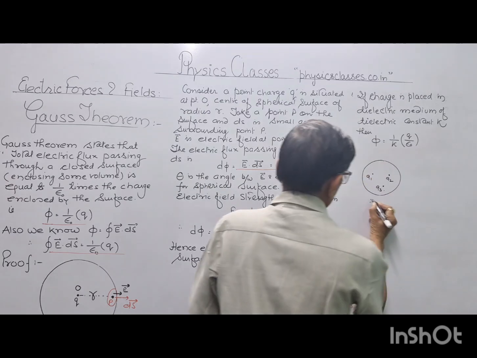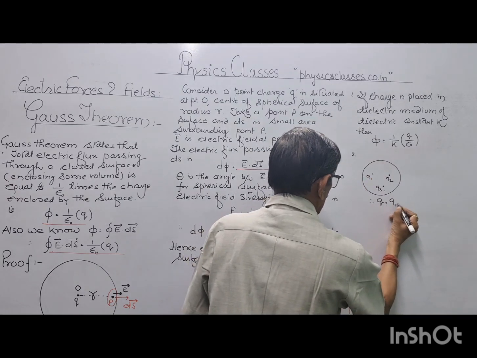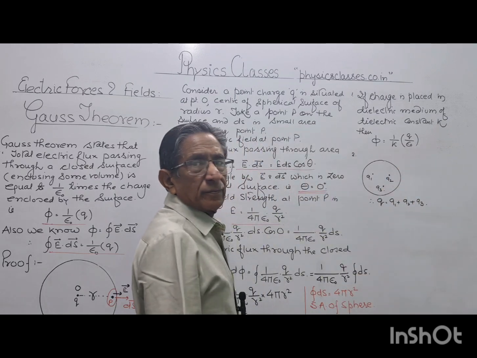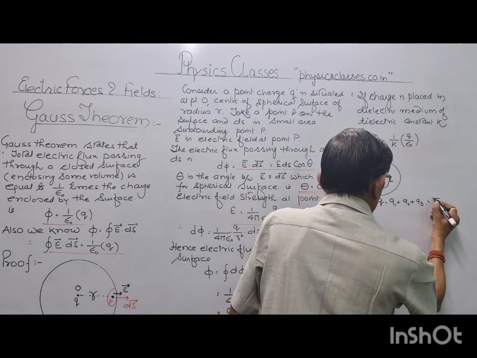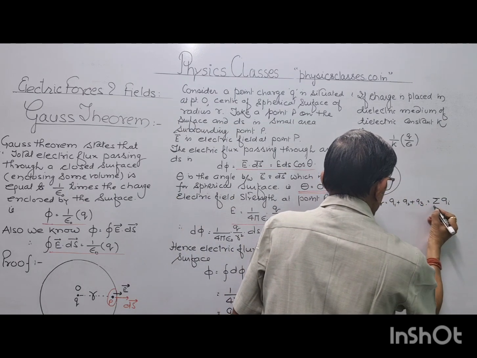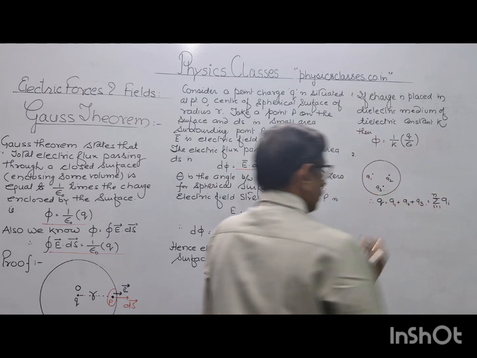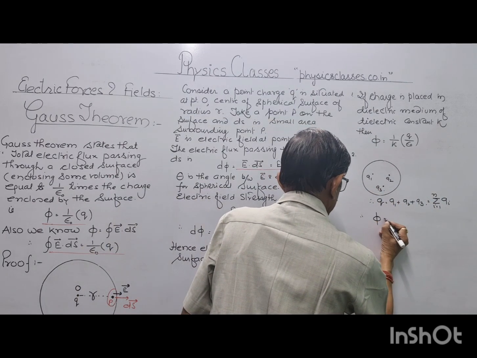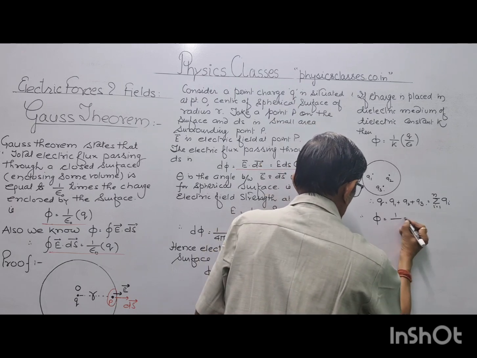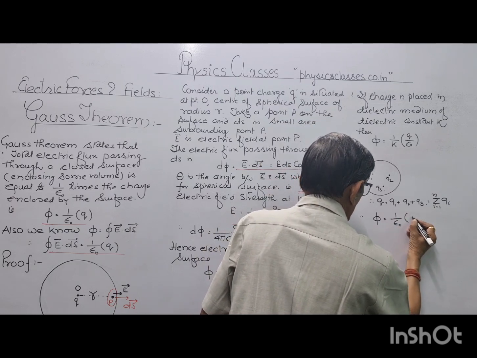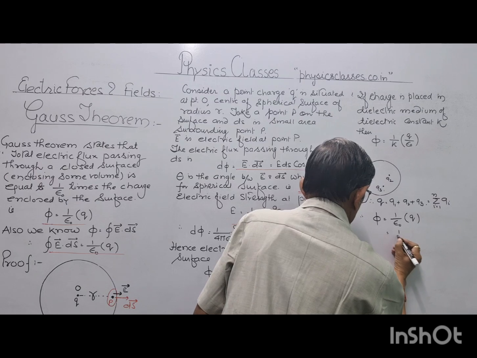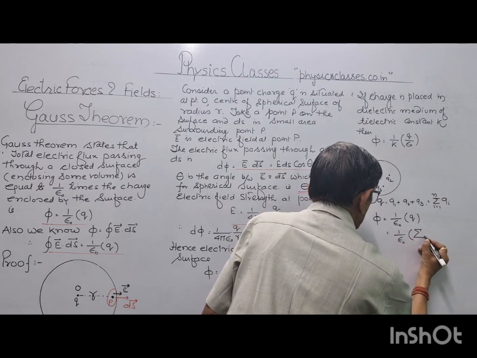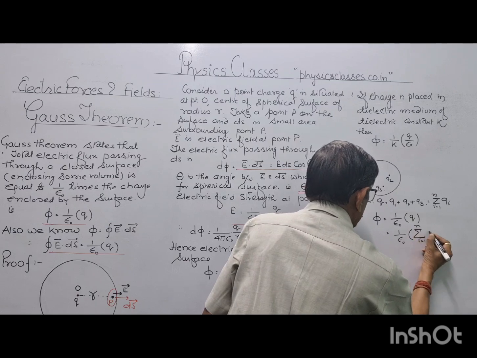Therefore, Q is equal to Q1 plus Q2 plus Q3, or you can write the summation of Qi, i is equal to 1 to n. Therefore, phi is equal to 1 upon epsilon naught of Q, that is 1 upon epsilon naught summation i is equal to 1 to n of Qi.